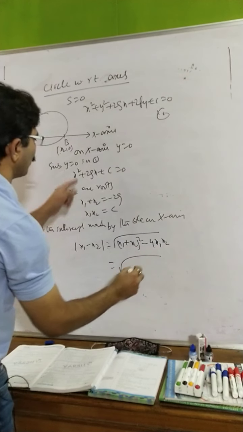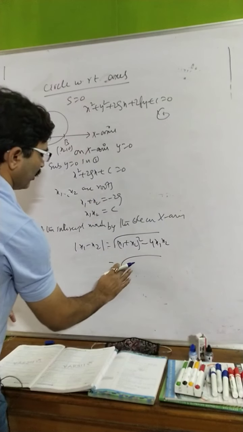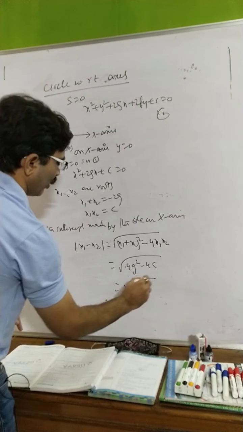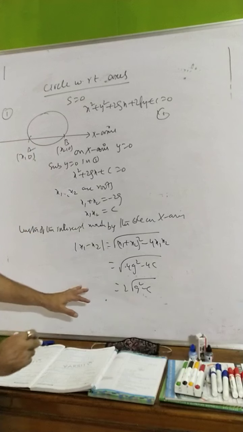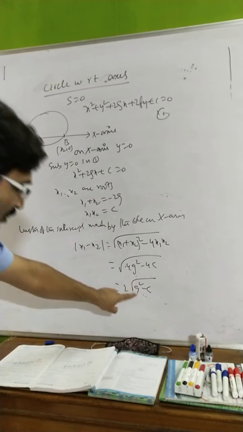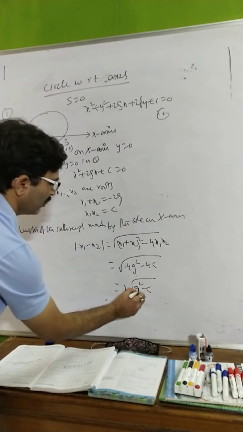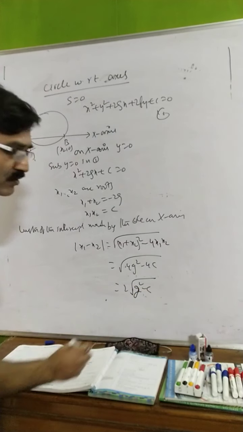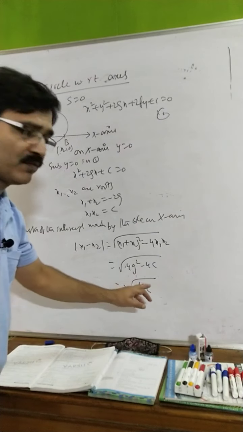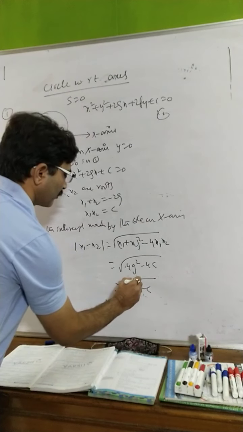That means if you substitute the values, you will get root of 4g square minus 4c, or else 2 root of g square minus c. So the intercept made by the circle on the x-axis is 2 root of g square minus c.